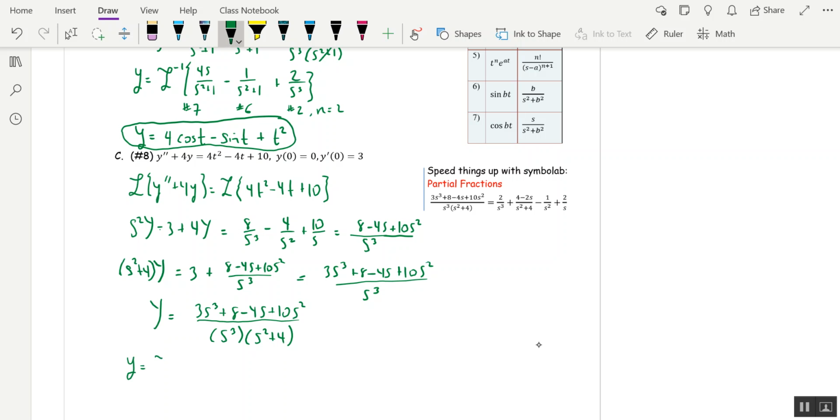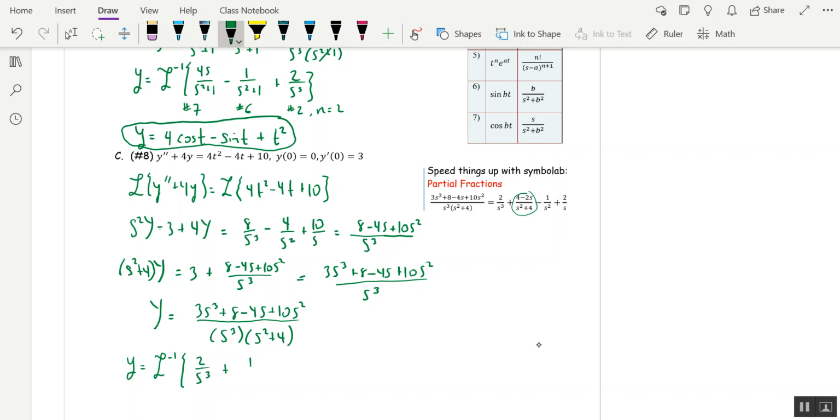Little y is L inverse of, I'm going to write down the decomposed form of this, 2 over s cubed. Then I'm not going to just write down 4 minus 2s over s squared plus 4, because I'm looking at this and thinking, well, if I want the inverse transform of that, I want to separate that out into 2 fractions.